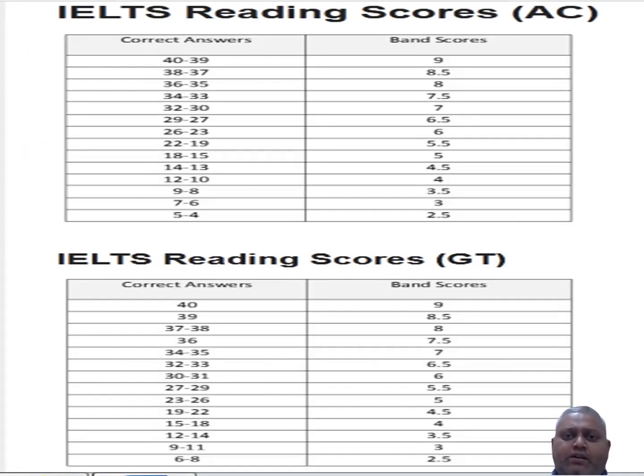The reading section for academic will be a little bit tougher because of course it is for the student section, but the GT, general training, reading section will be typically easier, or I can say not very easy, but apparently easier because it is for immigration purposes. So this is an overview of how the IELTS reading scores will be calculated.